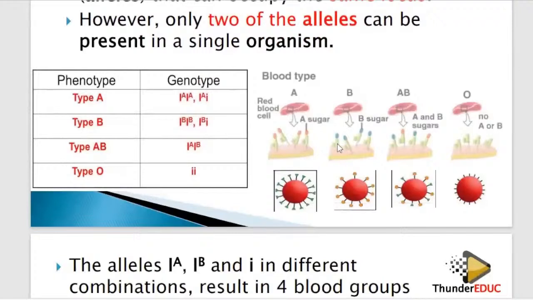So phenotypes, there are 4: 1, 2, 3, 4. And the genotypes, there are 1, 2, 3, 4, 5, 6. That's because of homozygous and heterozygous for the dominant alleles, and then homozygous recessive.